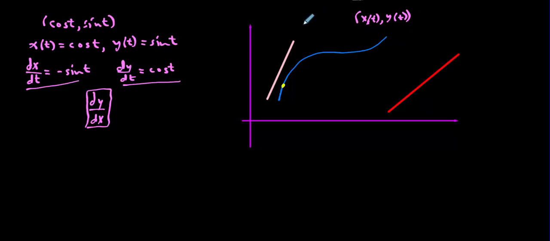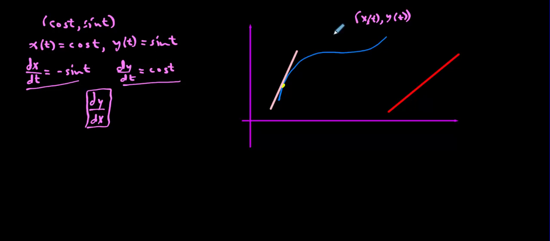Now, let's suppose I want to find the slope of a tangent at this point right here. In other words, I want to find the slope of this line, which we'll suppose is a tangent. In other words, I want to find dy/dx.